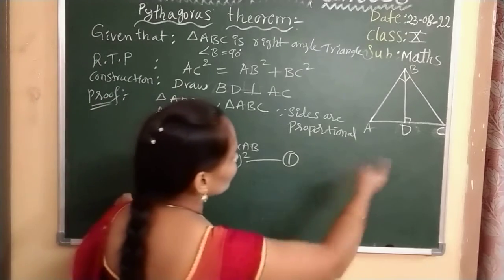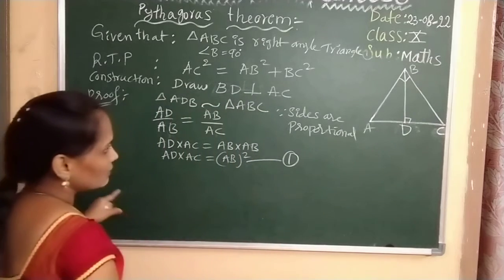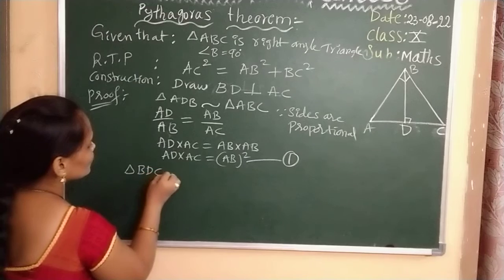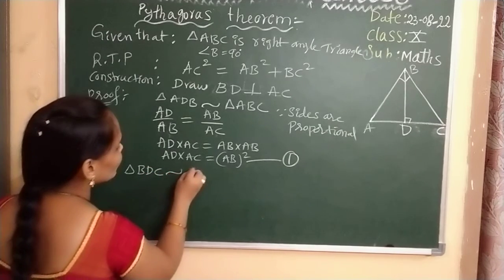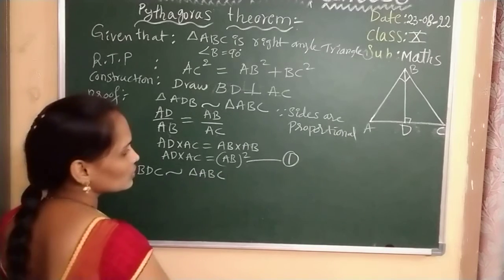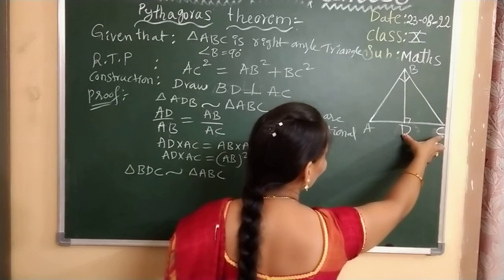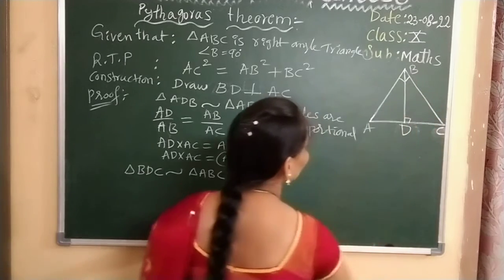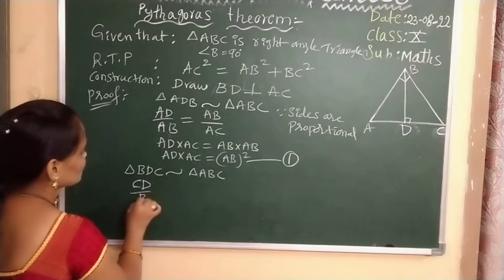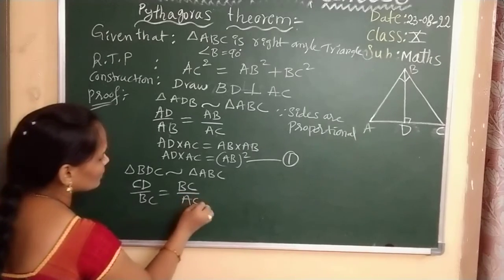Now go for one more triangle here. Triangle BDC is similar to triangle ABC. For this triangle, take CD by BC is equal to BC by AC, the full triangle.